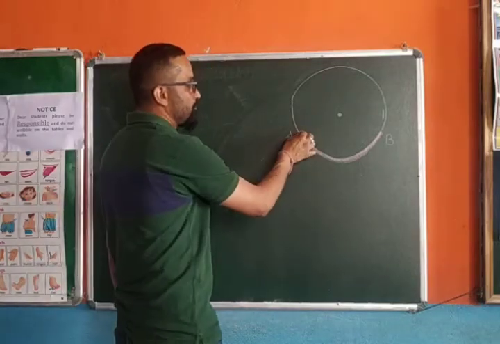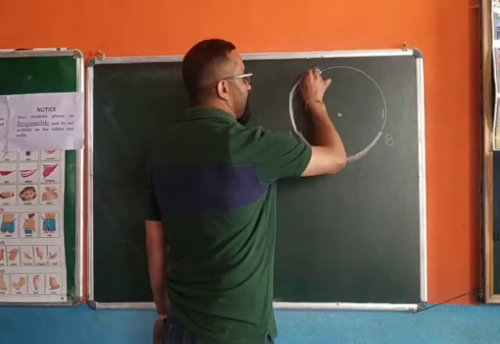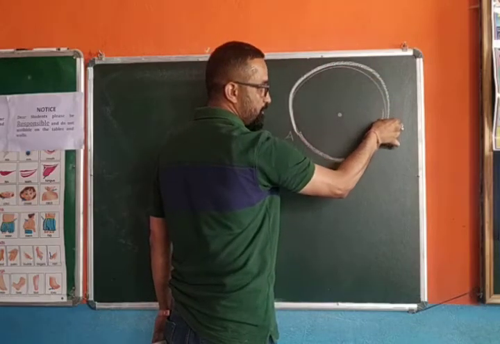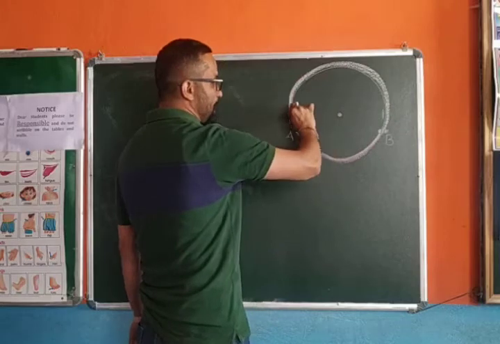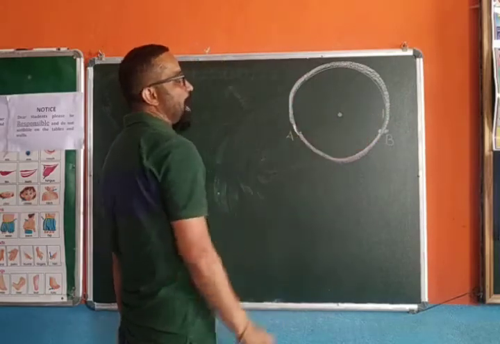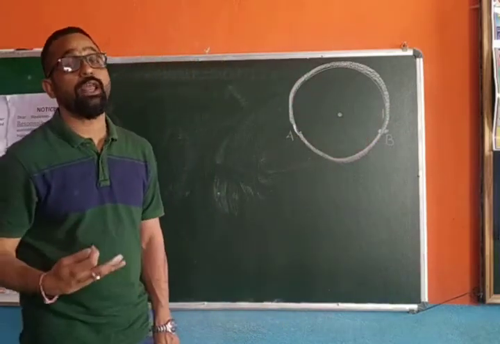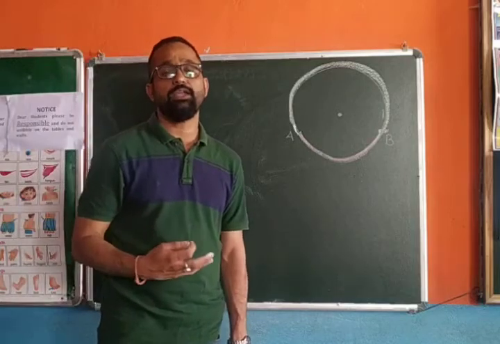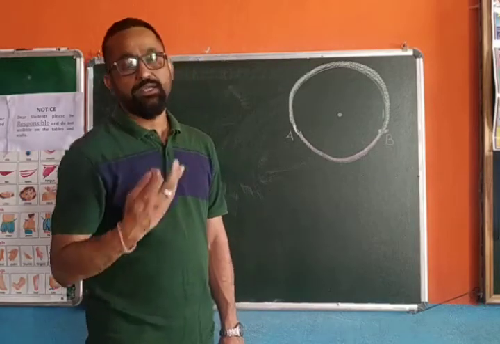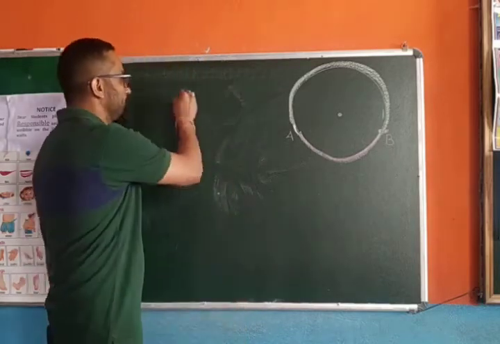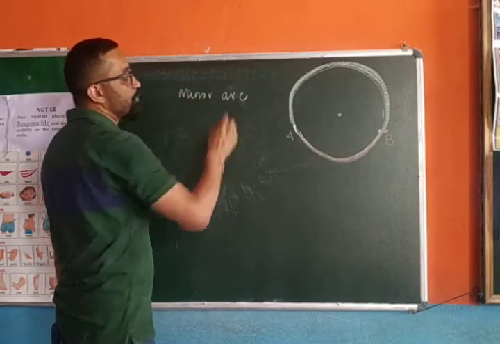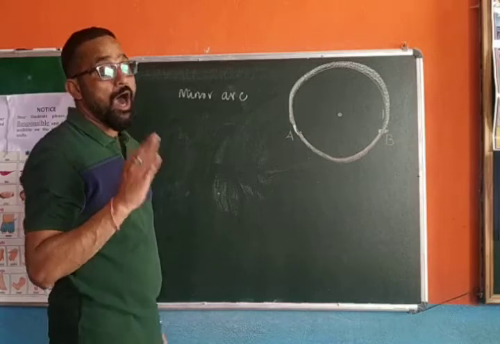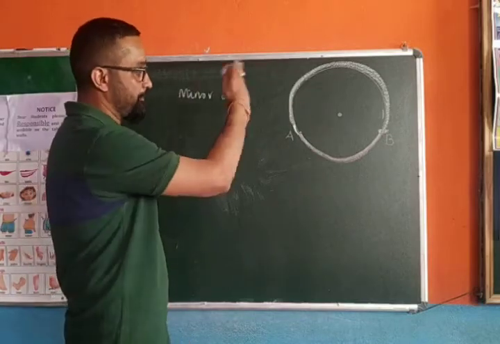So we start from A and go around the circle to reach point B. This part of the circle, arc of the circle, is more than half. That's why it is known as major arc. Minor arc is less than half of the whole arc.